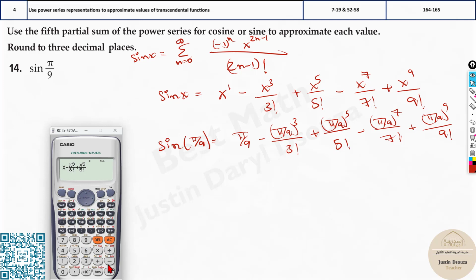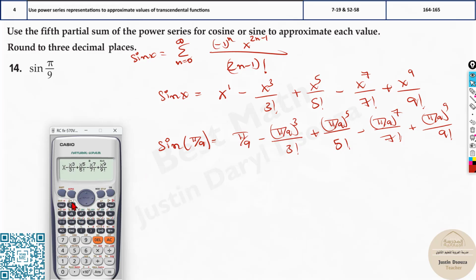Every alternating term will be negative and positive. So now it's negative x power 7 divided by 7 factorial, and the last term over here plus x power 9 by 9 factorial. So we have 9 factorial shift and this symbol.